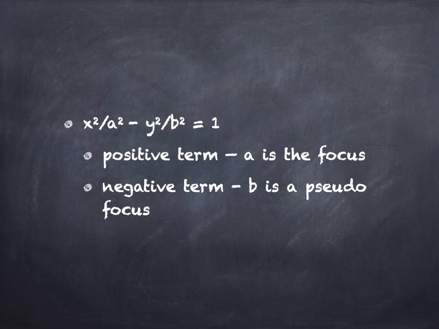If you plug in 0 for x, you'll get an imaginary root, which is b, so it'll be bi. The curve doesn't actually go through point b, but it serves us as another reference point that we need to solve the problem.